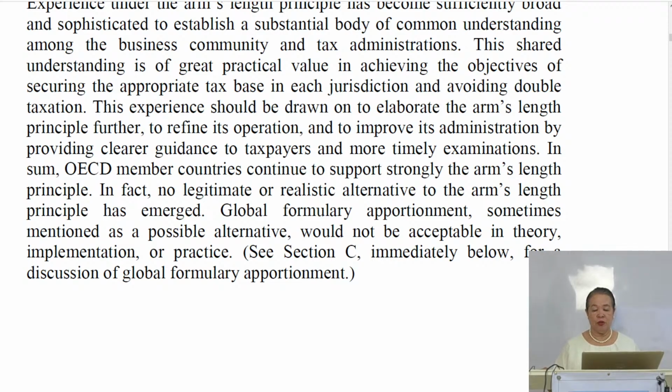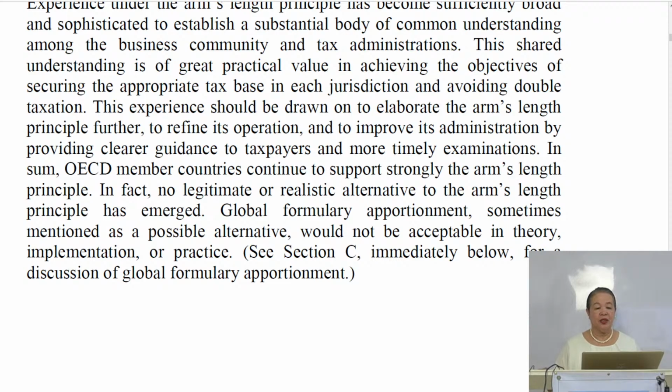It's difficult to implement the global formulary apportionment, which is the pre-agreed percentage of sharing the income, and taxing it where the branch or permanent establishment of an entity is situated. It is pre-agreed.